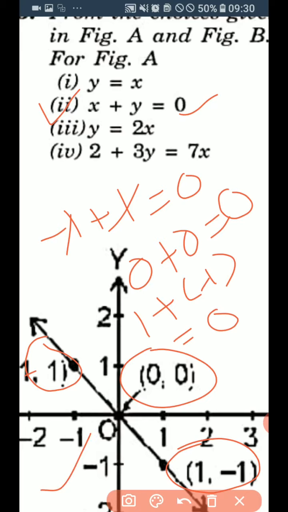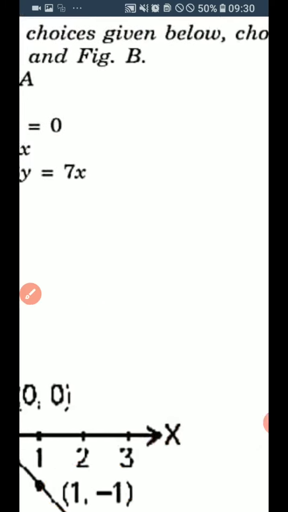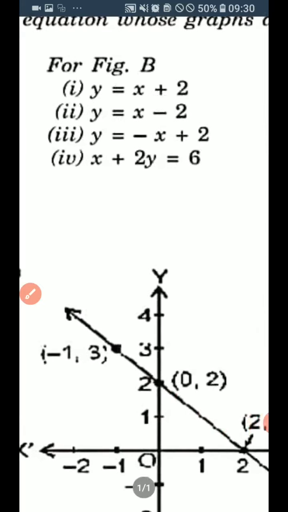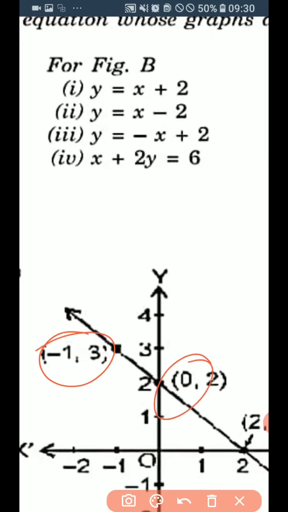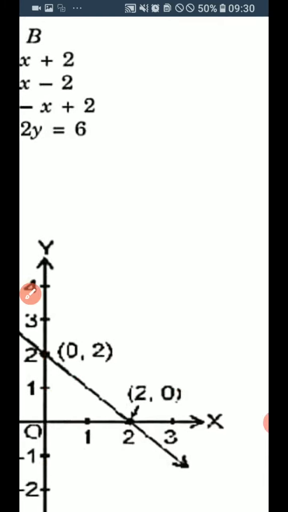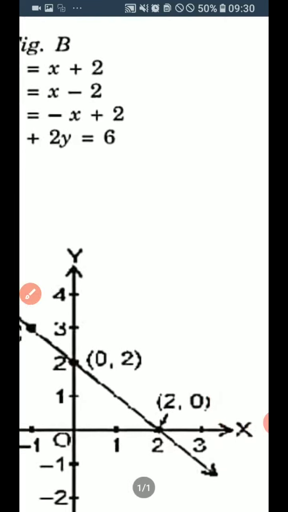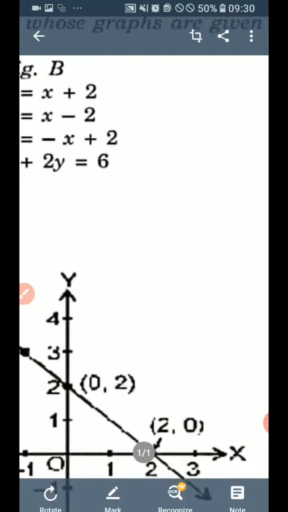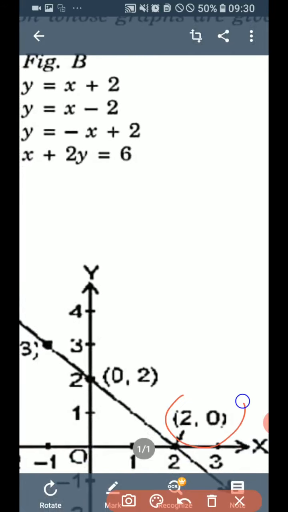Now, for figure B, we are also given 4 equations. The equation which will satisfy these 3 highlighted points will be the graph for this equation only.